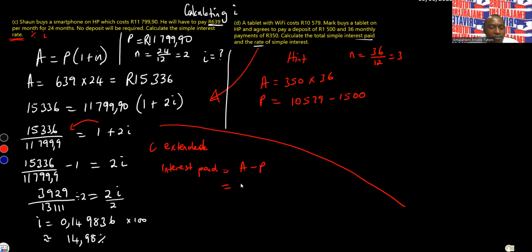Our A should be equal to 15,336 minus, what is our P? Our principal is 11,799.90.